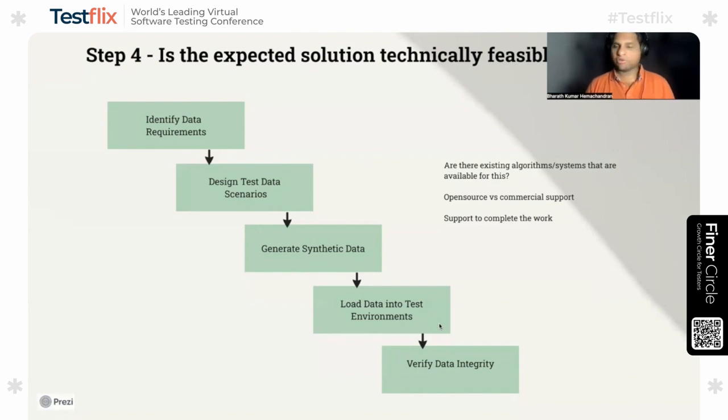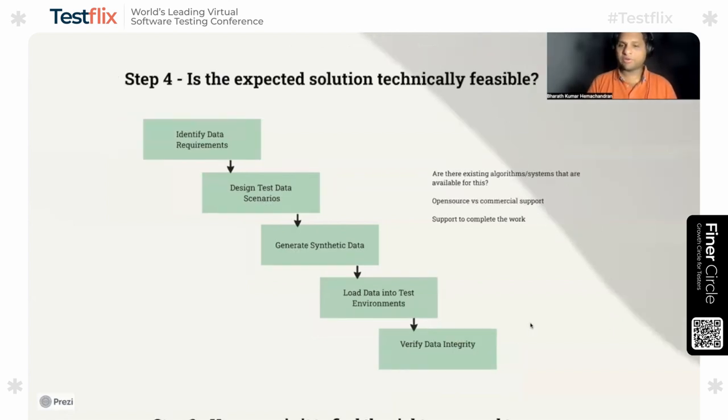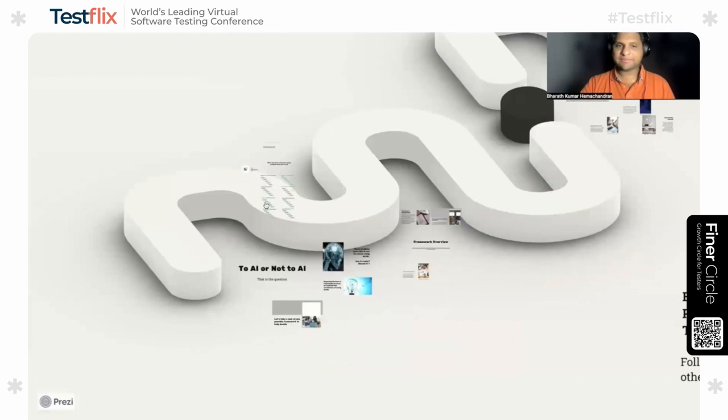So if you are able to do a little bit of research, you will find out not only at a high level whether this particular solution has been done earlier, but you might even get more details in terms of what algorithms are being used, what kind of data you need, what kind of infrastructure support you need, what kind of skills you require in order to be able to complete this kind of task.